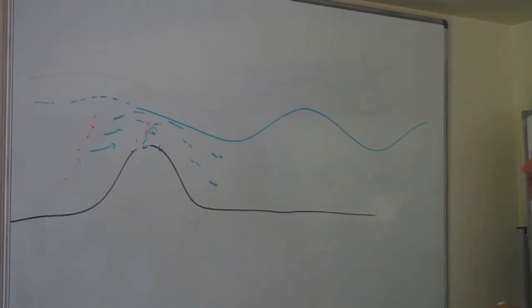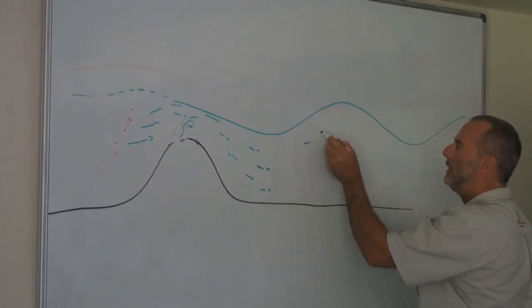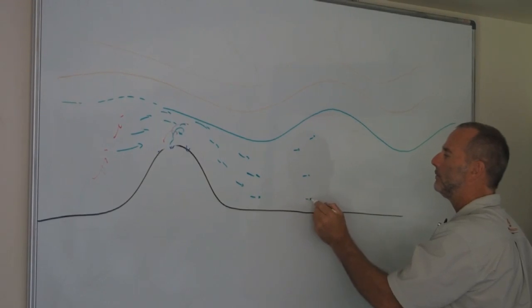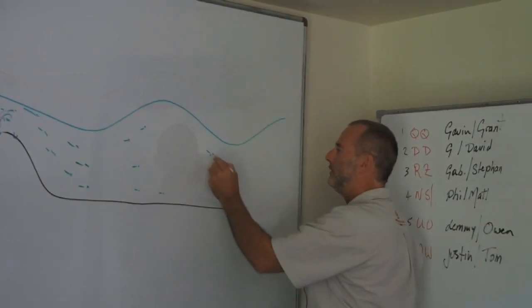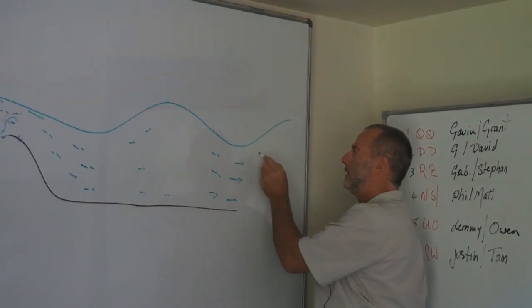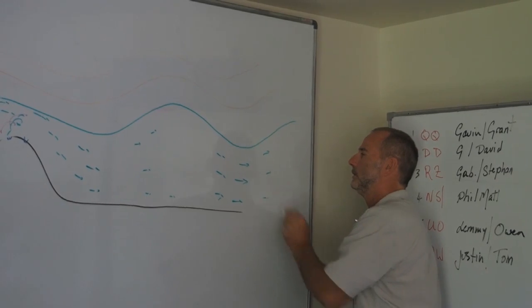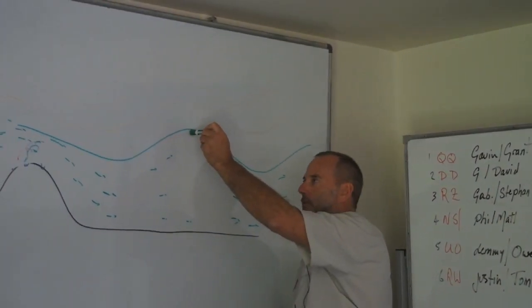The airflow downstairs is doing this. It's speeding up down here. Here it's gently rising up and slowing down. Here it's accelerating, speeding up. Here it's quite windy. This is the inversion. This is the top of the convective layer.